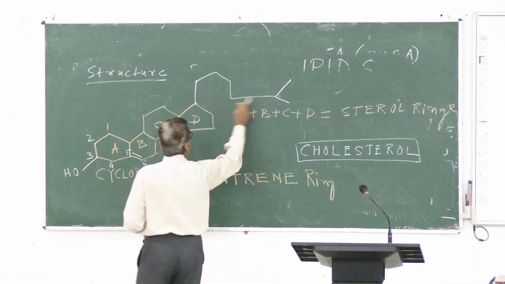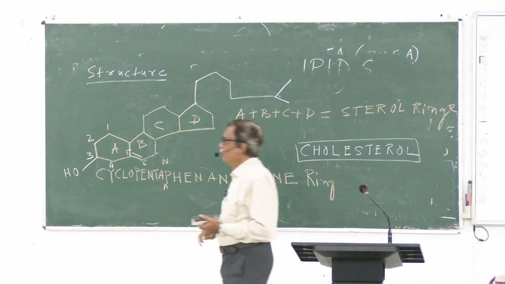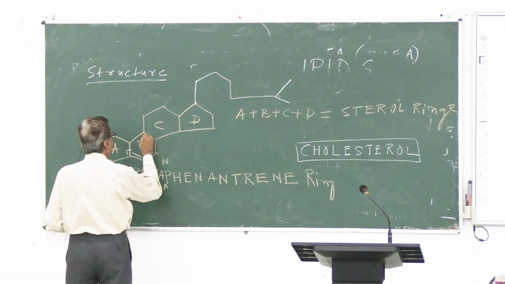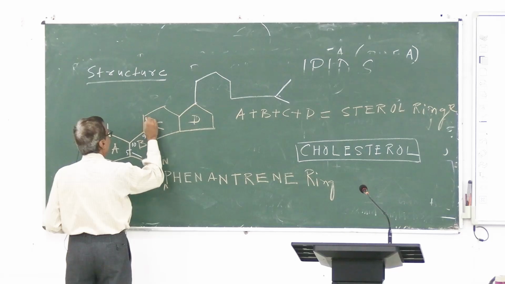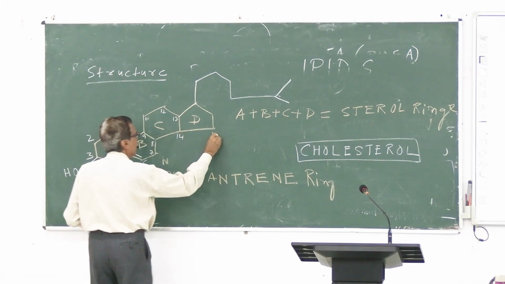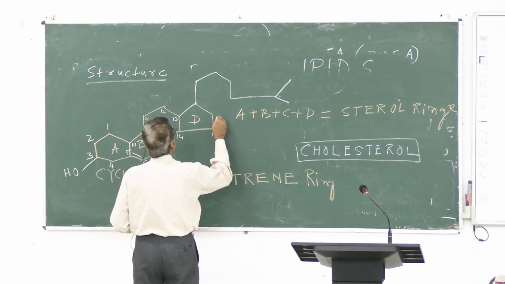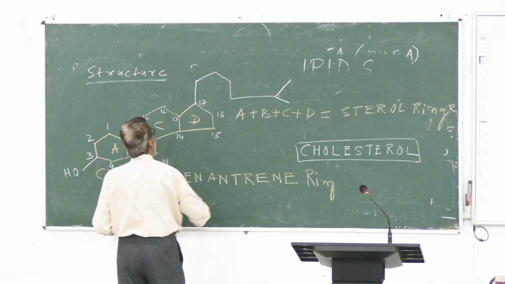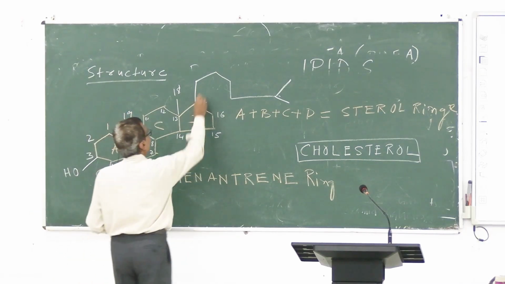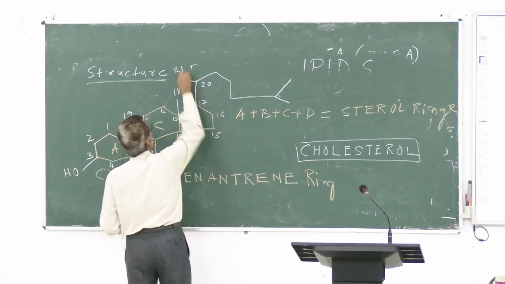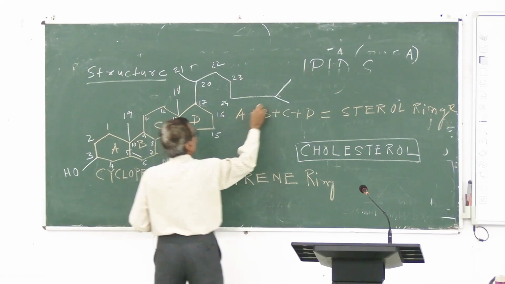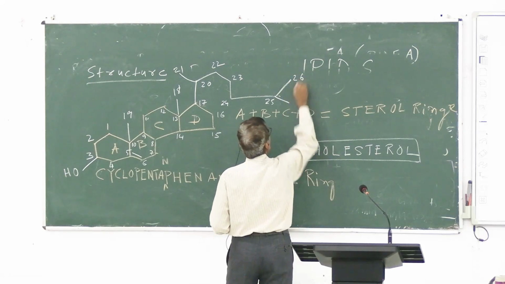সাইক্লোপেন্টেনের উপর এই কার্বনগুলো থাকবে। টোটাল কার্বন হবে 27। 1, 2, 3, 4, 5, 6, 7, 8, 9, 10, 11, 12, 13, 14, 15, 16, 17, 18 methyl, 19, 20, 21, 22, 23, 24, 25, 26, 27.